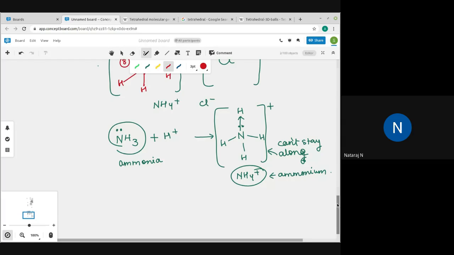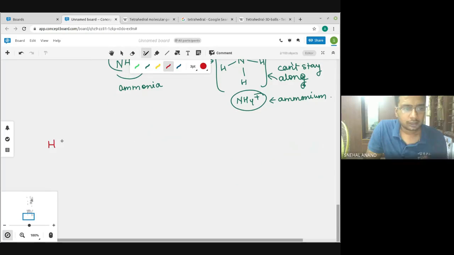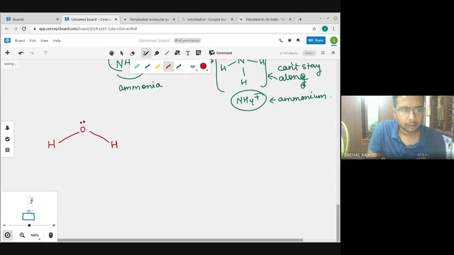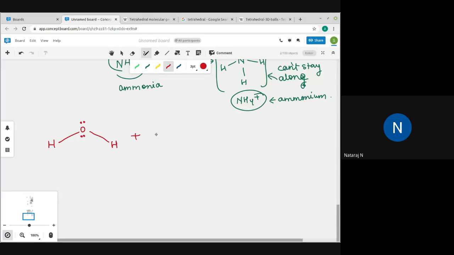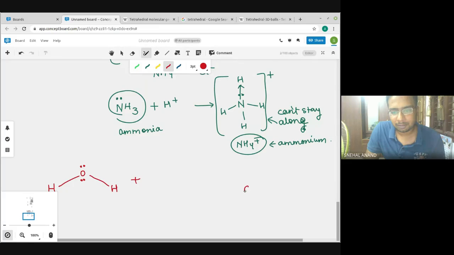Okay, sir. NH3 is not an anion. NH3 is a molecule. It doesn't have a charge. Sir, what is the difference between cation and anion? Cations have positive charge, anions have negative charge.